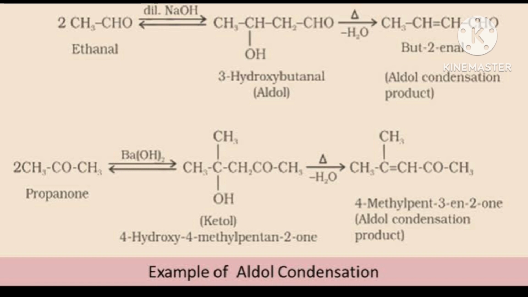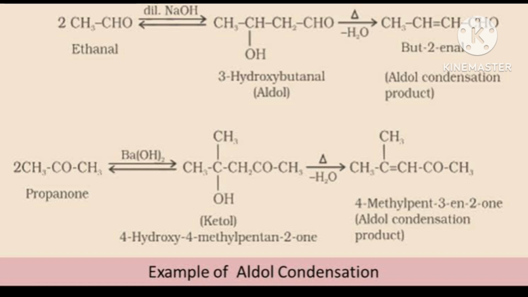Then where there was a single bond, now it will become a double bond. Now in the next step you will get CH3, CH, double bond CH, and in the end CHO was there.